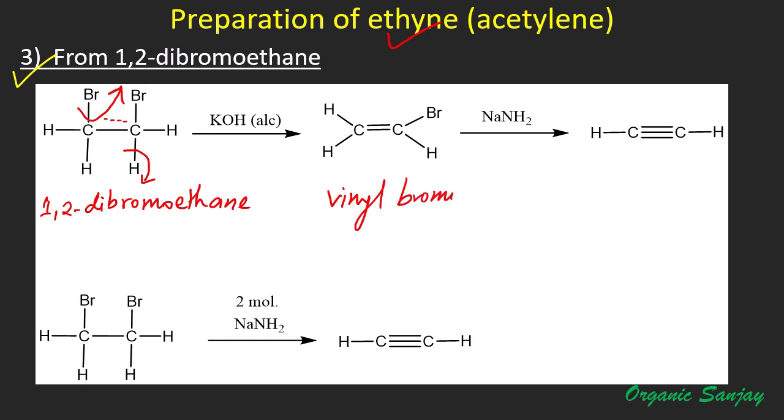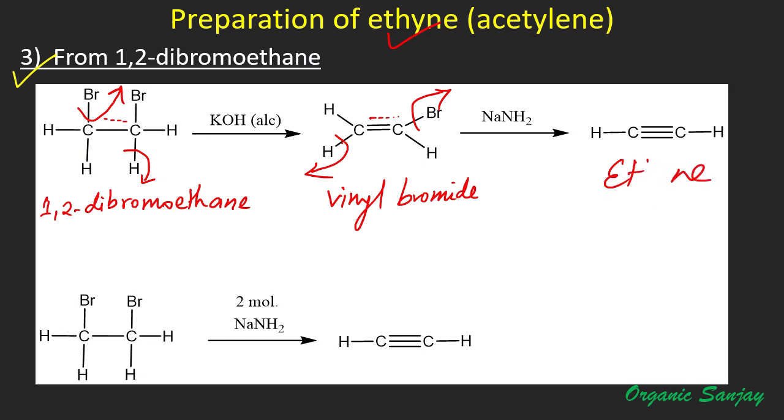Now, after that, when we treat this vinyl bromide, or the resulting mixture, with sodium amide, again one hydrogen atom and one bromine atom will be eliminated from the molecule, one new bond will be formed, and finally ethyne will be formed.